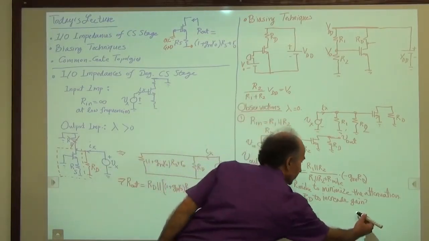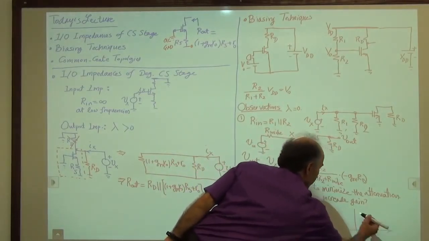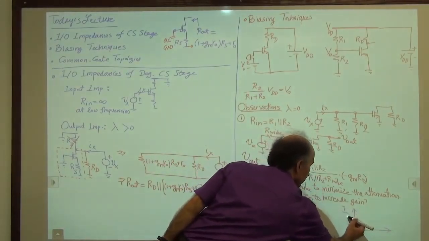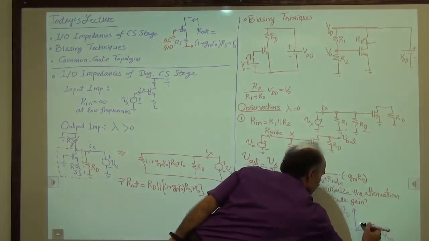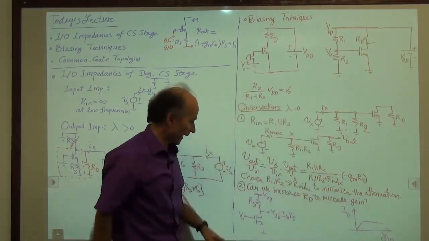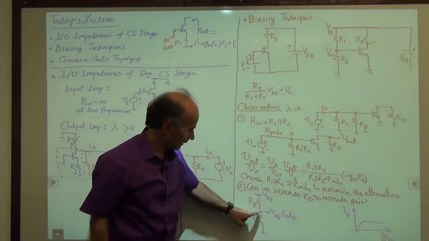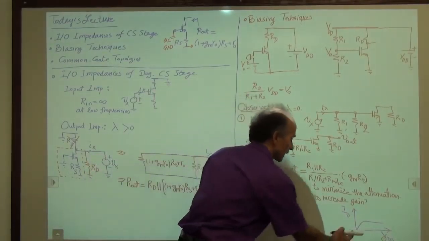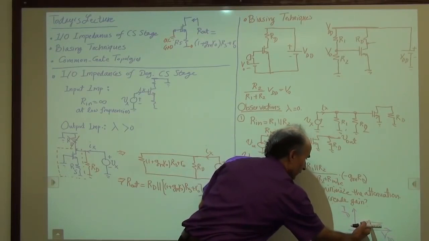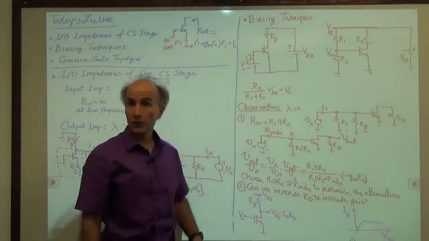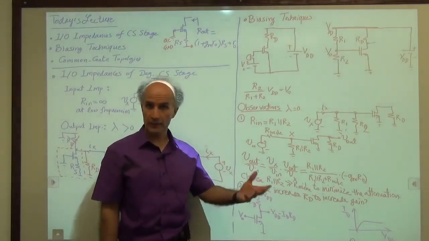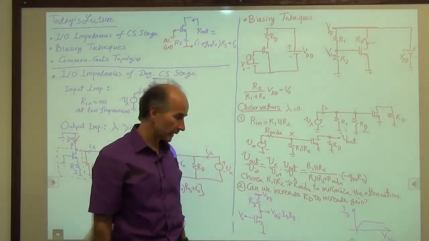So in other words, if you look at the characteristics of the MOSFET, ID versus VDS, as we increase RD, the drain voltage falls. As the drain voltage falls, VDS falls, so we are traveling this way. And eventually, we get into the triode region, which is undesirable because the gm drops, everything goes bad.